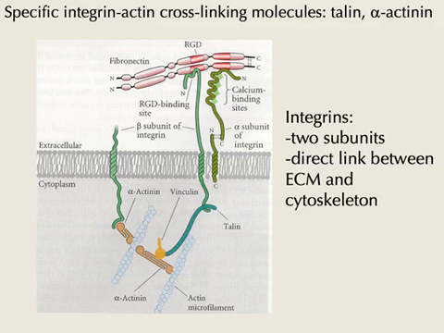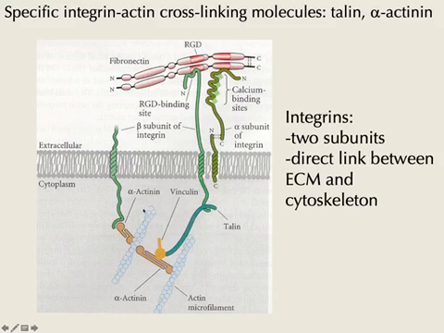When I say complex, I mean it, because on this slide, you have the extracellular matrix components, in the case of fibronectin, with this RGD that can bind either of the alpha or beta integrin, especially the beta subunit. They are each single pass transmembrane protein, and on the C-terminal side, the beta integrin can interact with talin or alpha actinin here.